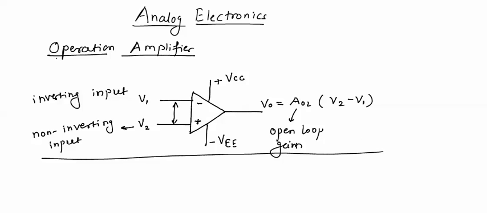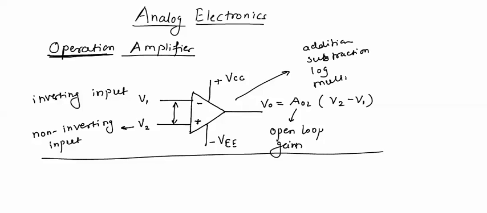An operational amplifier has been given this name because it is used along with some additional passive components. This can be used for mathematical operations like addition, subtraction, log, multiplication.